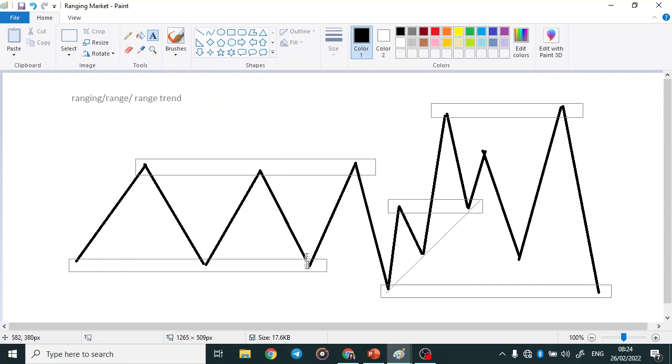By the time it comes to this level, you say, okay, now I have 1 and 2, and this is a possible third touch. You may take your buy trade here, and as the market goes up, your target is to exit at this level, which is the third touch of resistance.